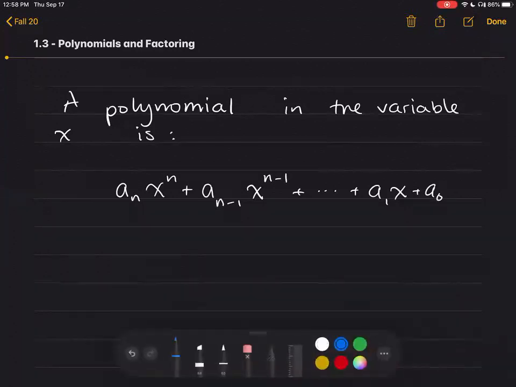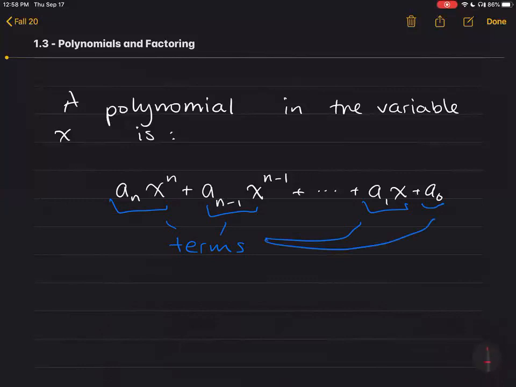These things here are what we call the terms. And the largest power, in this case n, is what we call the degree of the polynomial.